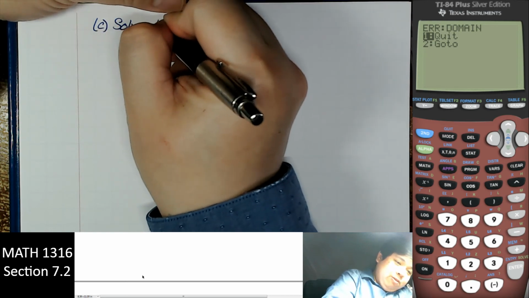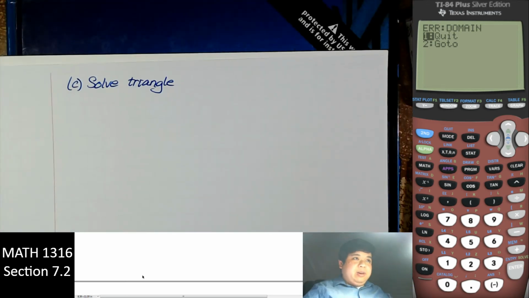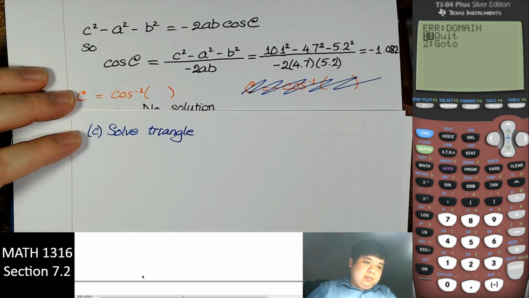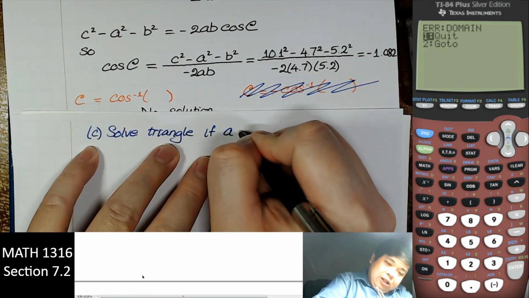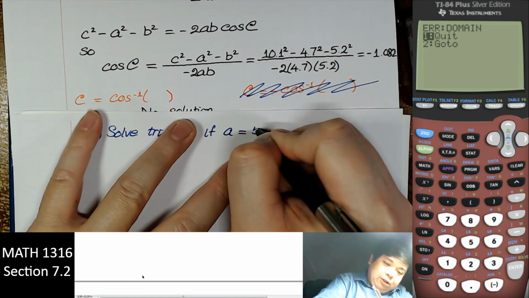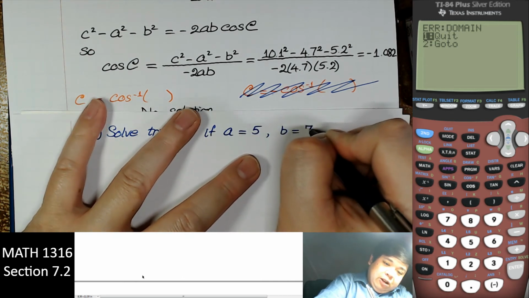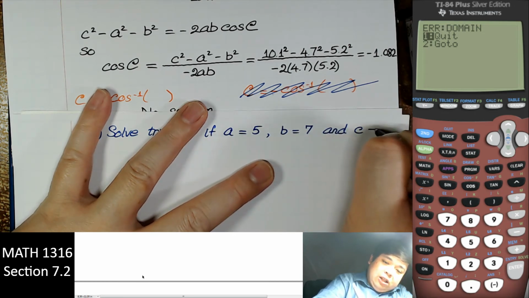So, triangle. Sorry. So still keep this one. If little a is equal to 5, little b is equal to 7, and little c is 10.